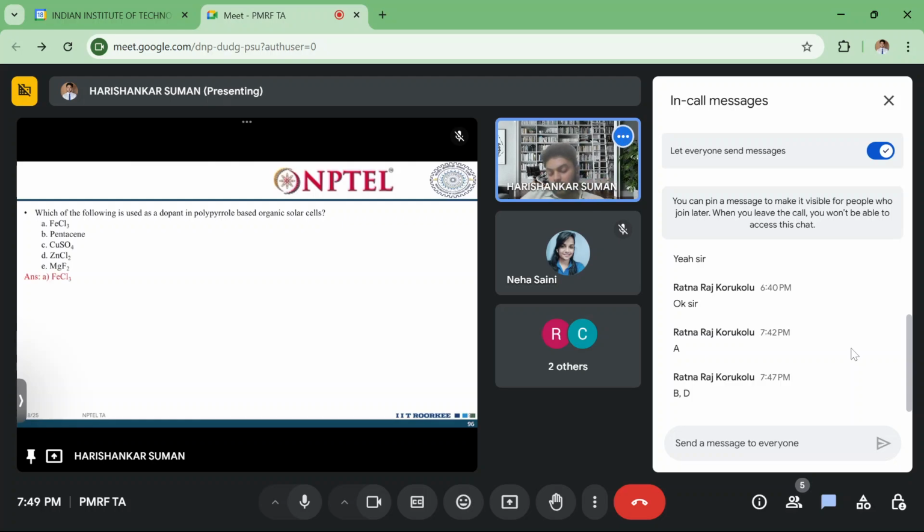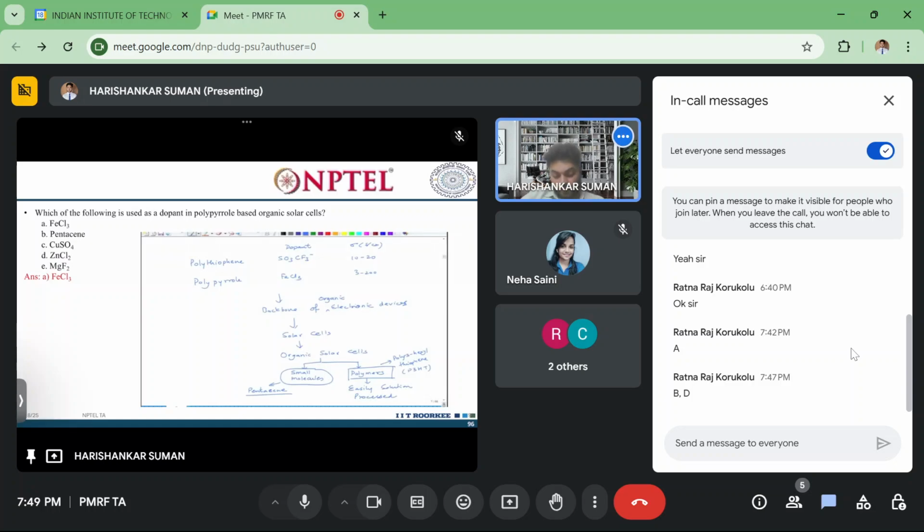So answer is FeCl3. If polyethylene, then as a dopant we use SO3CF3 minus.